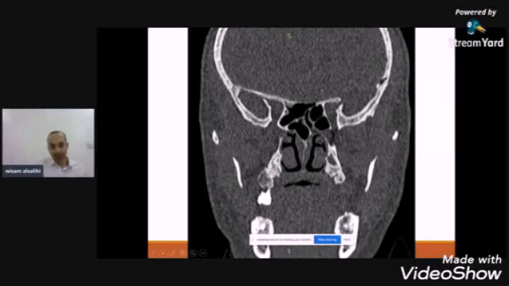This is the tail of the middle turbinate, and the sphenopalatine foramen and pterygopalatine fossa are separated from the infratemporal fossa by the pterygomaxillary fissure. So this is the tail of the middle turbinate, sphenopalatine foramen, from which emerges the sphenopalatine artery, pterygopalatine fossa, inferior orbital fissure, infratemporal fossa, with the pterygomaxillary fissure in between.